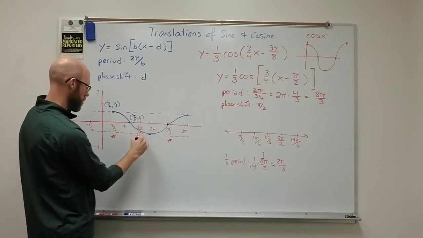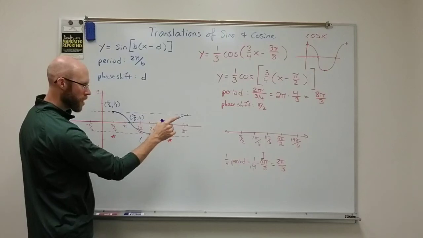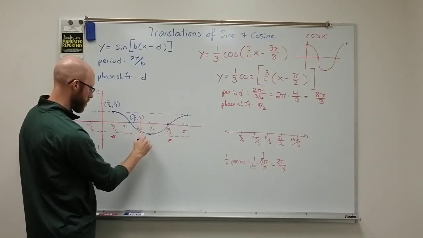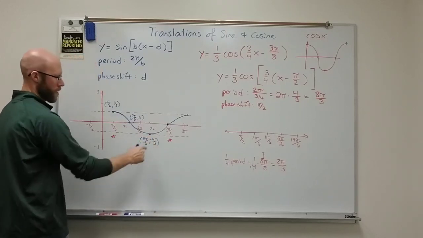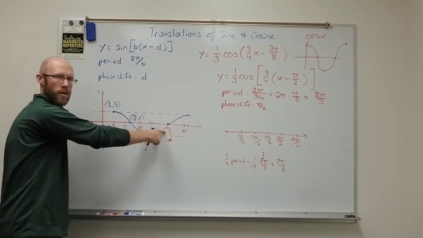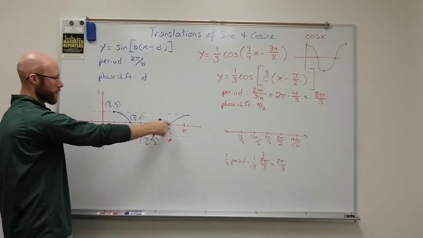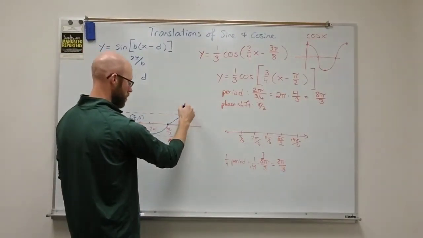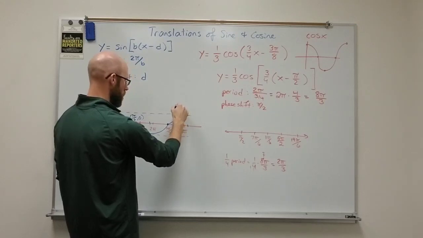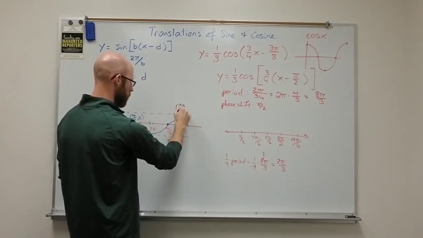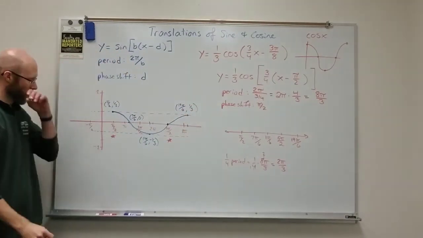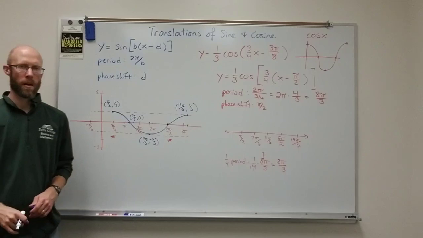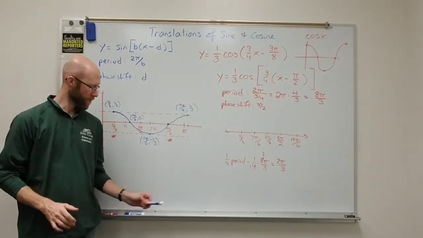This minimum is at 11 pi over 6 comma -1/3. Then here, this is at 5 pi over 2. That one's kind of obvious from the scale, so I won't write it in. And then this last peak here is at 19 pi over 6 comma 1/3. Okay. All right, I'm happy with that.